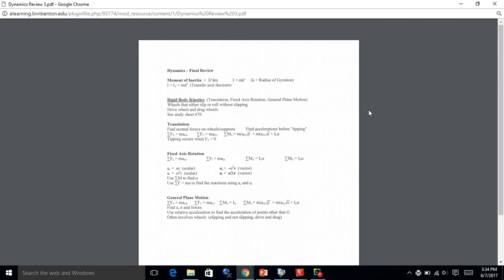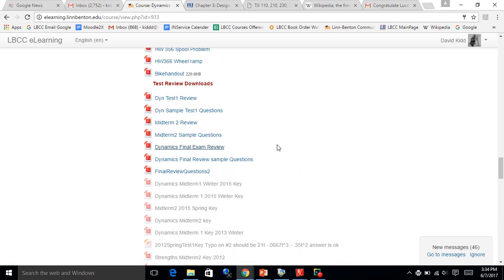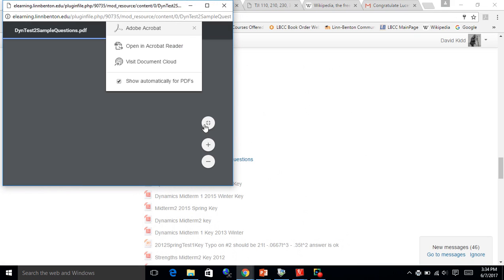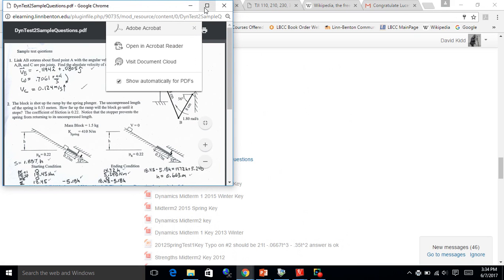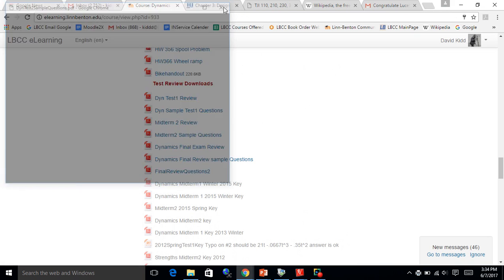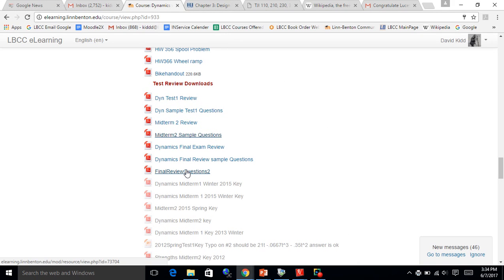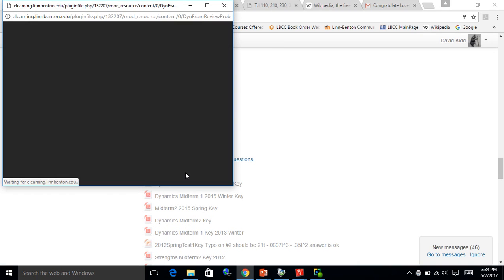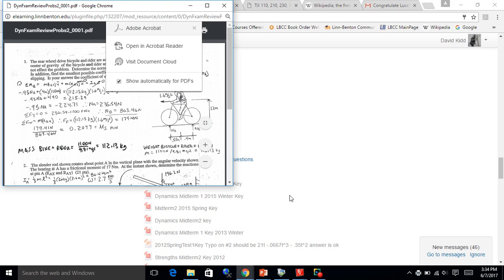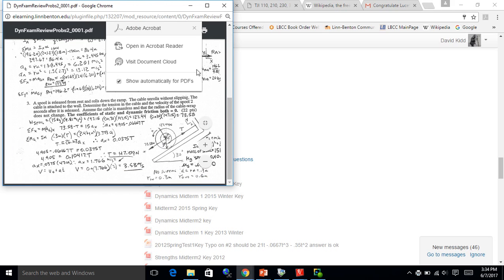So a lot of this will be that rigid body kinetic stuff. So what that will include would be the translation, and then the rotation, and then the free plane motion. Okay, so that's the material that it would cover, okay?